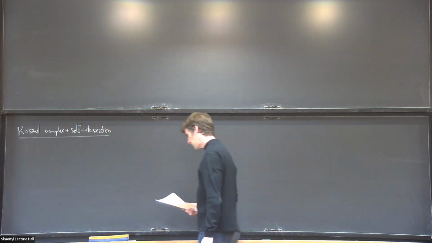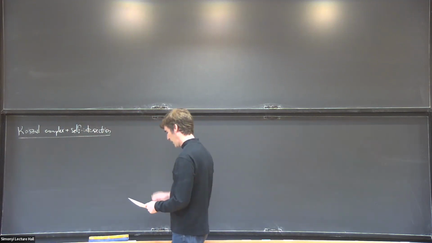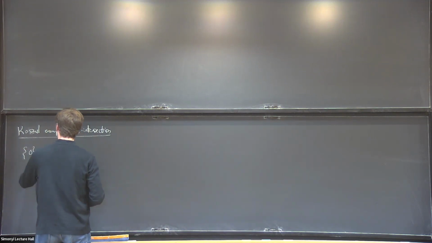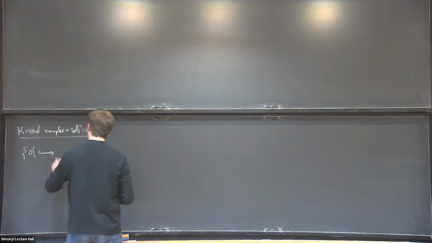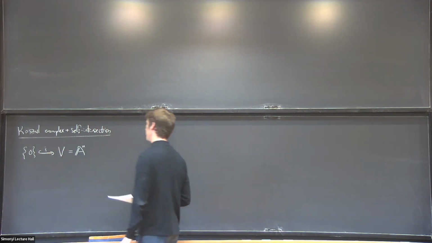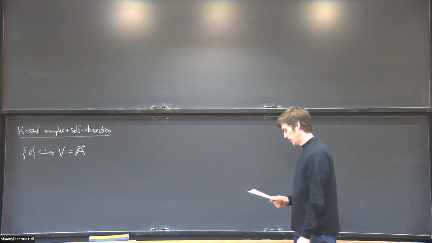Okay. So let's look at just a very simple example of an inclusion of the origin in a vector space, considered as an affine space.